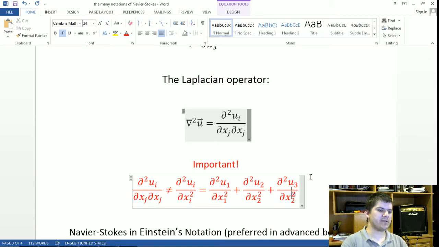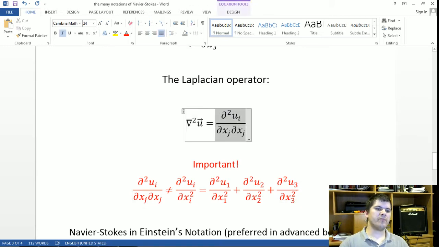So a good exercise is to go from this to this, to demonstrate how we get from Einstein's notation, when we expand it as a sum, to using the nabla operator. Remember, x1 corresponds to x, x2 corresponds to y, and x3 corresponds to z. Okay?